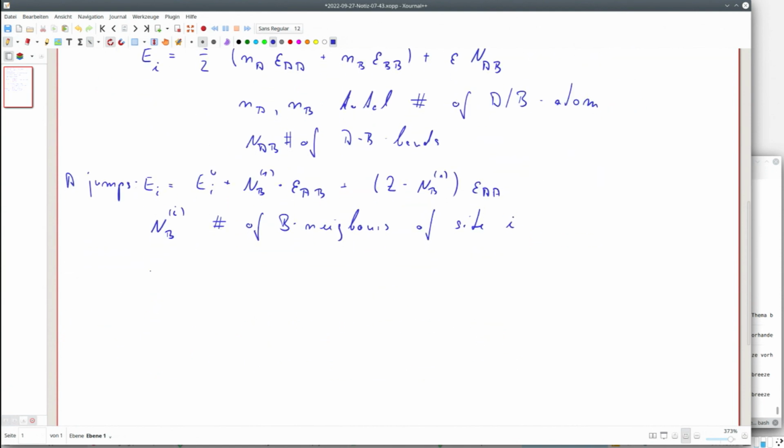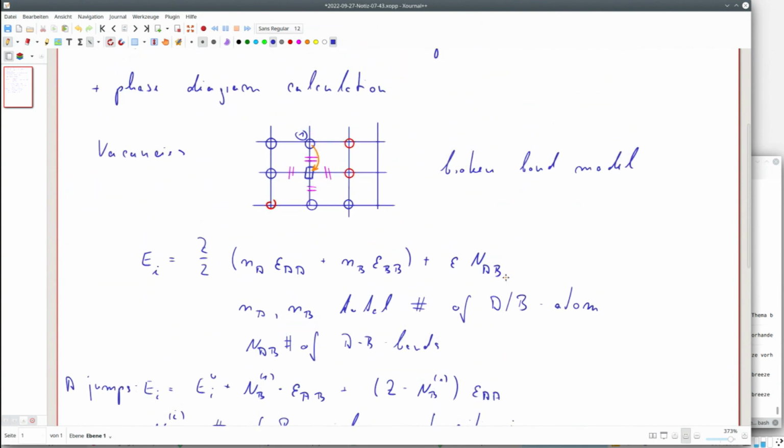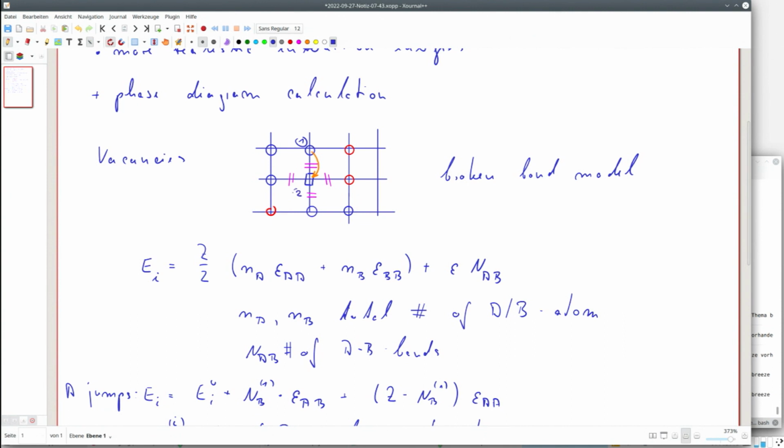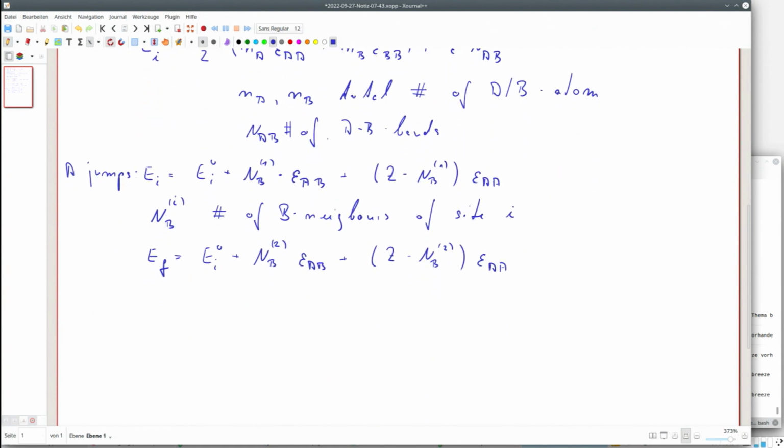And the final energy, after I did the jump, the same constant, now NB, the vacancy is sitting on side 2. So the vacancy is here. So that's the difference.